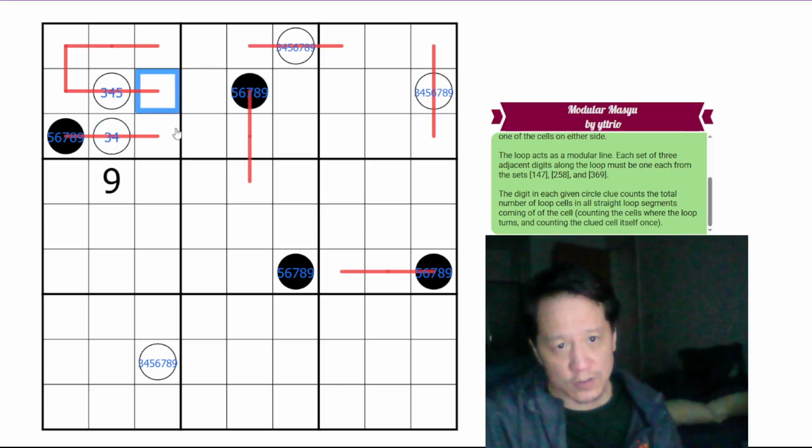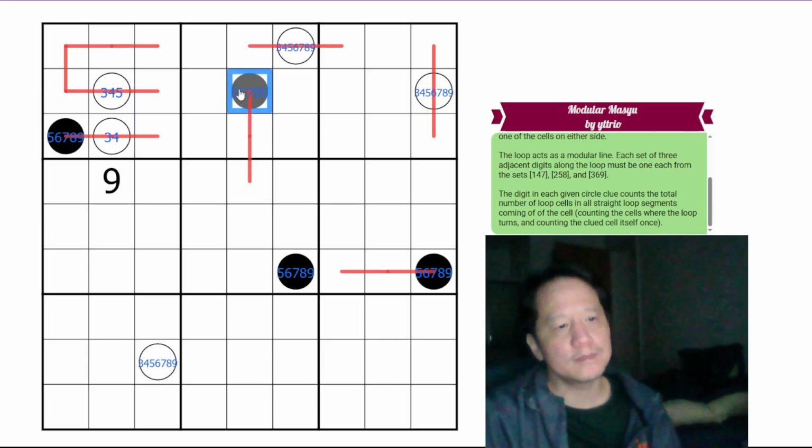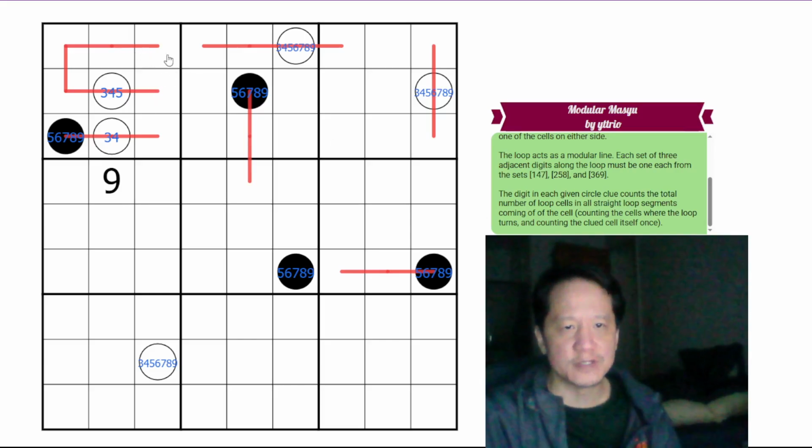Again, if this turns here, if this cannot turn here, so this has to go straight through. And this can't close here because that would close the loop, so it connects. This has to turn somewhere in one of the two cells surrounding it, so that turns.